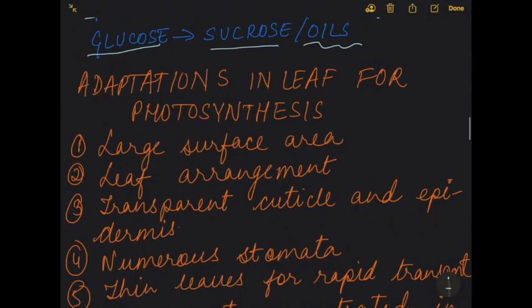Now next we come to adaptations in the leaf for photosynthesis. That means how are leaves adapted so that maximum photosynthesis can take place. Now it has a large surface area. The larger the surface area, the more sunlight can enter and the more photosynthesis can take place.